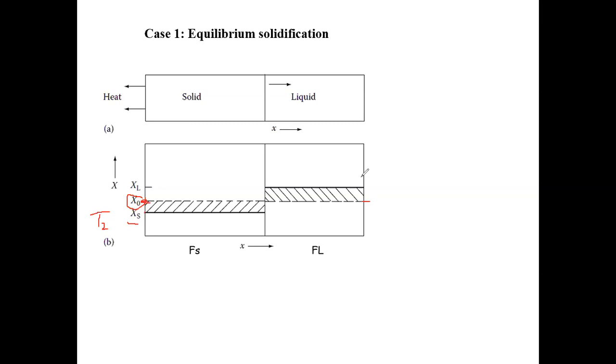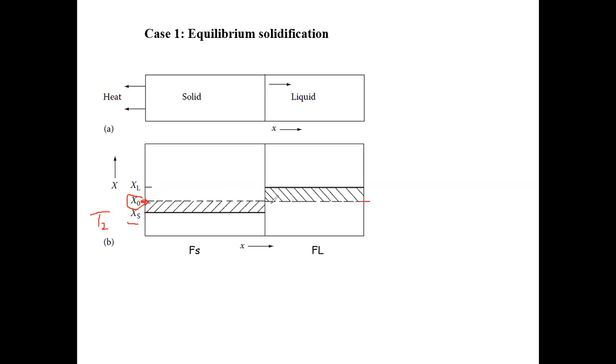But the thing is that, before and after the solidification process, the total amount of solutes in the system should be conserved, right? Because we're not taking any solutes out of the system, and we're not adding any solutes into the system. It's the same amount of solutes throughout the entire solidification process, but it's just a redistribution of the solutes, right?